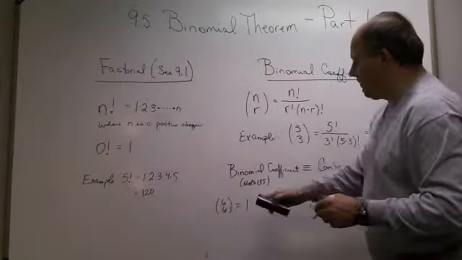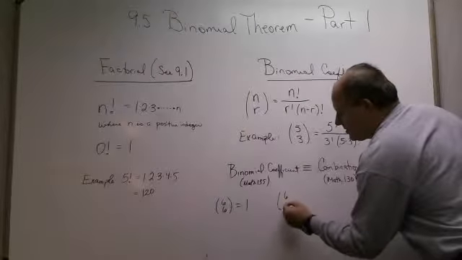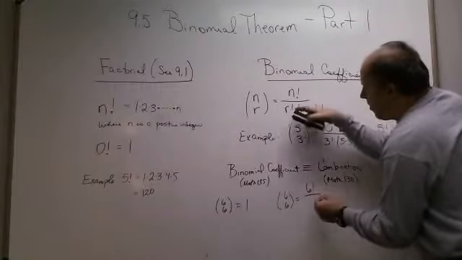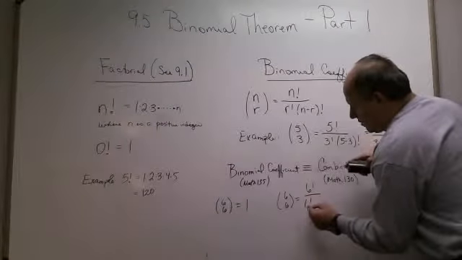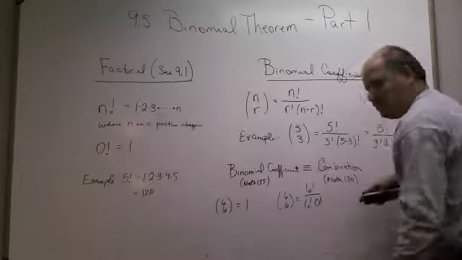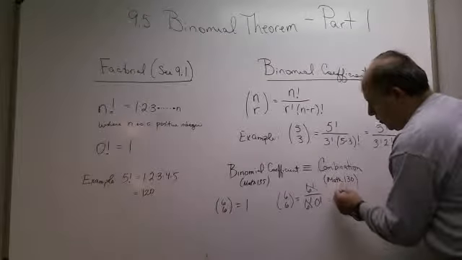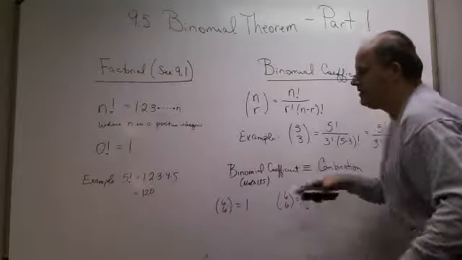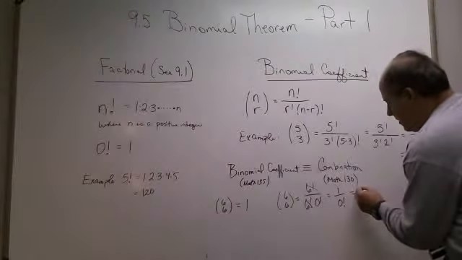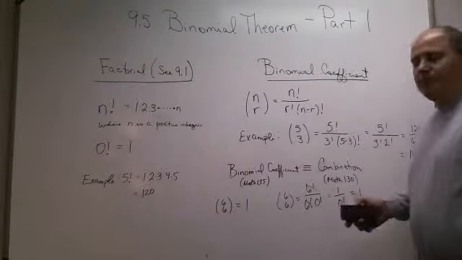If you use the formula, 6 choose 6, well, 6 factorial goes on top, r factorial, which is the bottom number, 6 factorial, and then 6 minus 6, which is 0 factorial. The 6 factorials cancel, and you get 1 over 0 factorial. But remember, 0 factorial was defined to be 1, so that will be 1 divided by 1, which would make sense anyway.